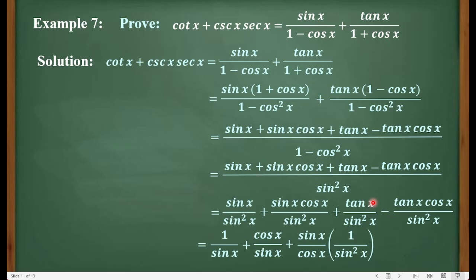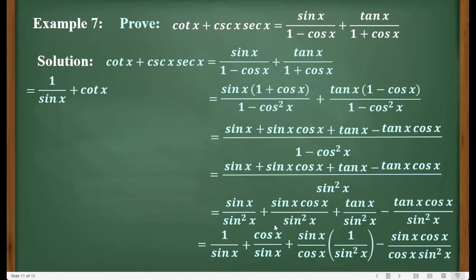Tangent x is actually equal to sine x over cosine of x. So we apply the quotient identity so that we could simplify sine x here. Tangent x is replaced by sine x over cosine of x. Now, to continue with the simplification, let us rewrite this expression right here to a simpler one.